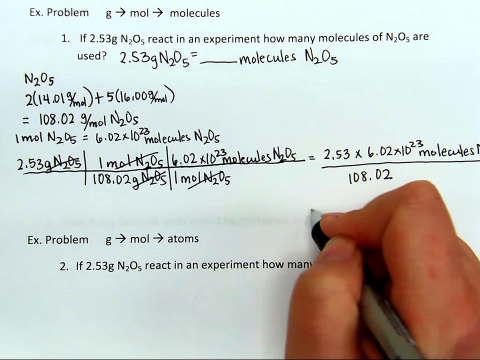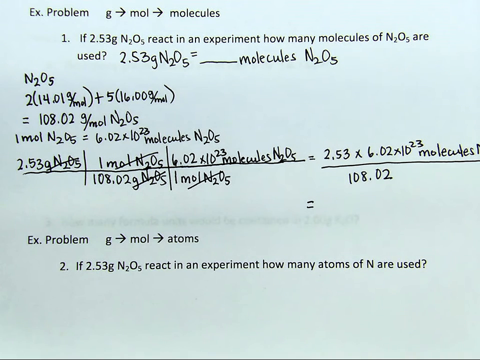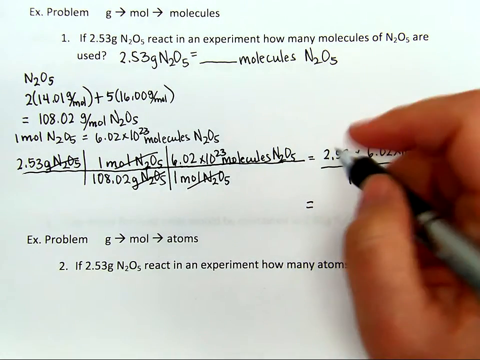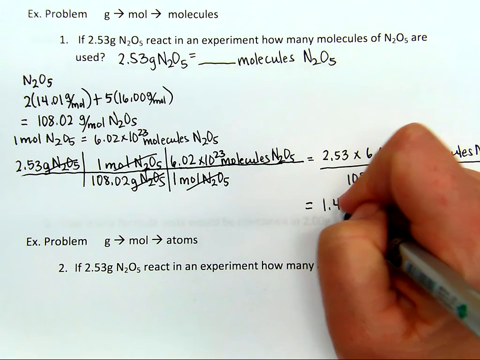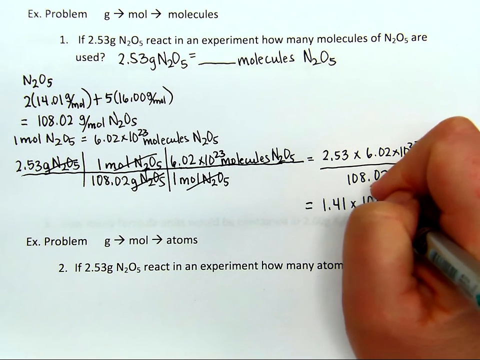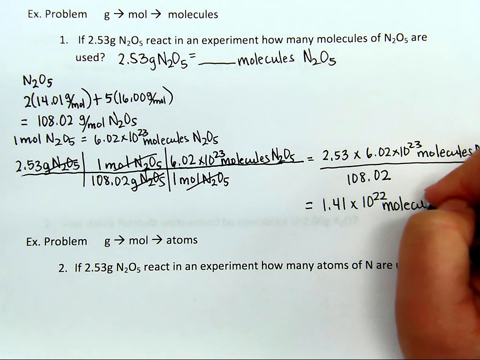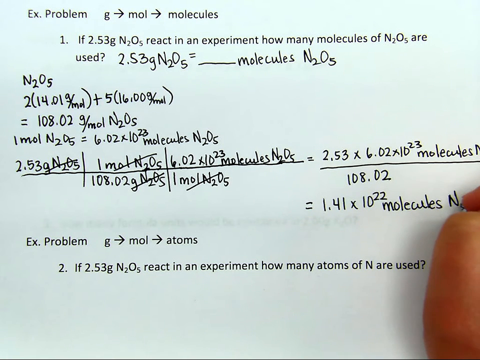So you're going to do it in your calculator, and when you do, your answer will be 1.41 times 10 to the 22nd molecules of N2O5.